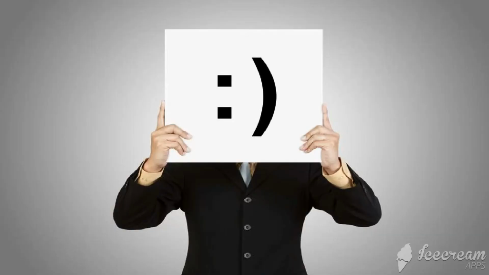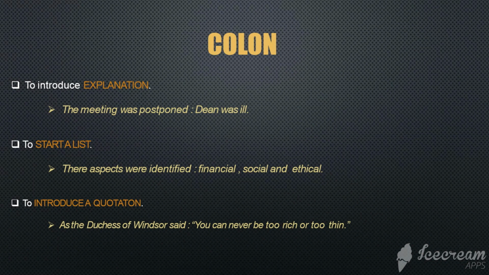Now, the colon. Colon is actually the punctuation that is comprised of 2 dots used vertically. Colon is used to introduce explanation. For example, "The meeting was postponed: Dan was ill."